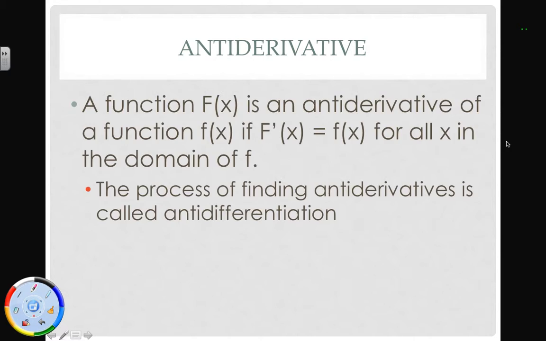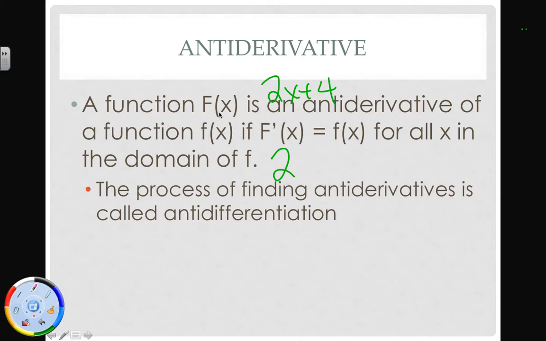All right, so the antiderivative: a function F of x is an antiderivative of the function f if the derivative of F of x is the little f of x. Basically saying if I had 2 as a derivative, I could say my original function might have been 2x plus 4 like before.